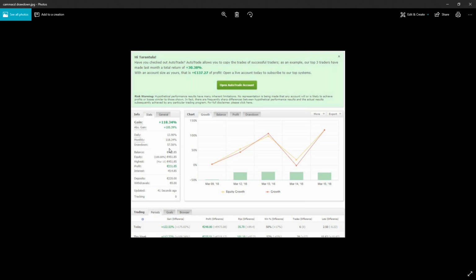Basically, the drawdown was 57.56%, but my calculations and statistics show that my average drawdown on these low accounts is usually between 35 and 65%.